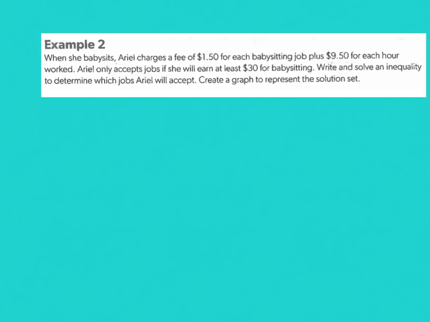If you go back and look at the problem, the important things that we need are, there's a fee of $1.50. That means it's only going to happen one time. So I'm going to go ahead and write plus $1.50. Then as you keep going through, it says plus.